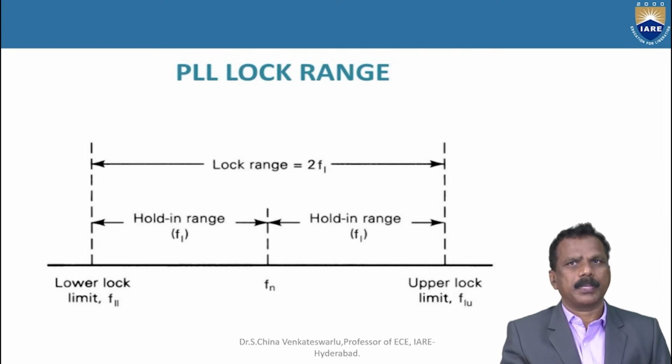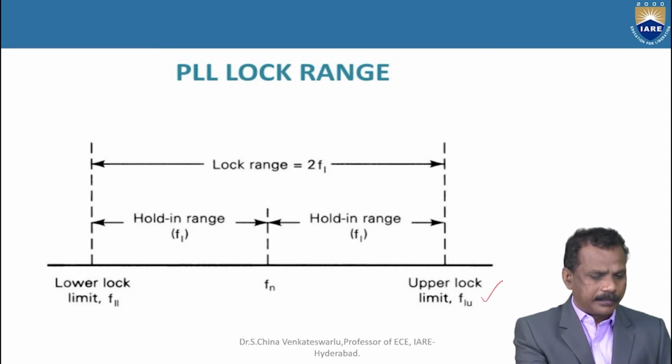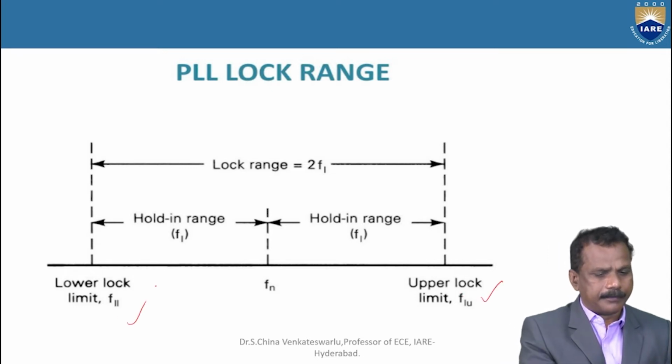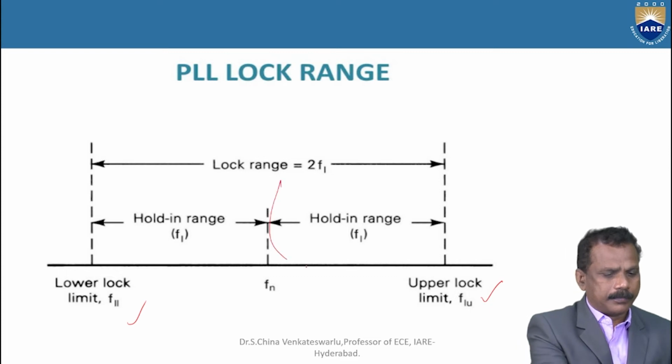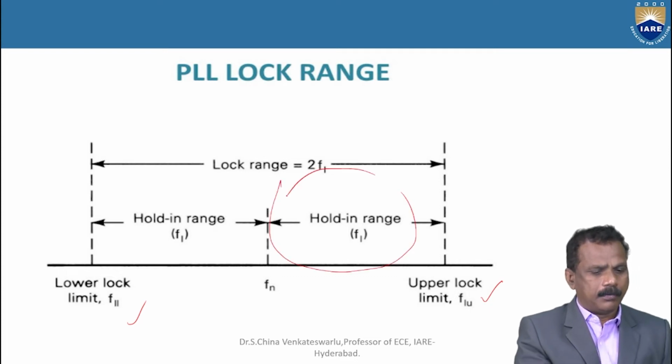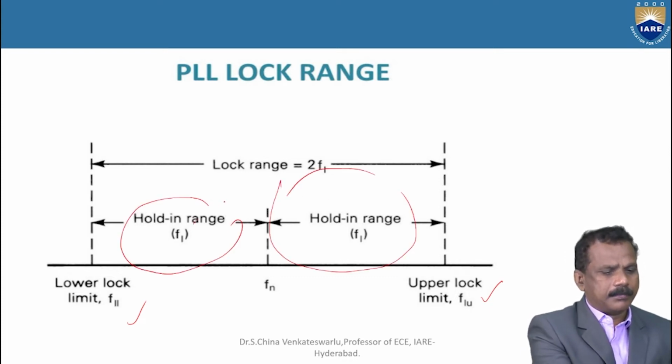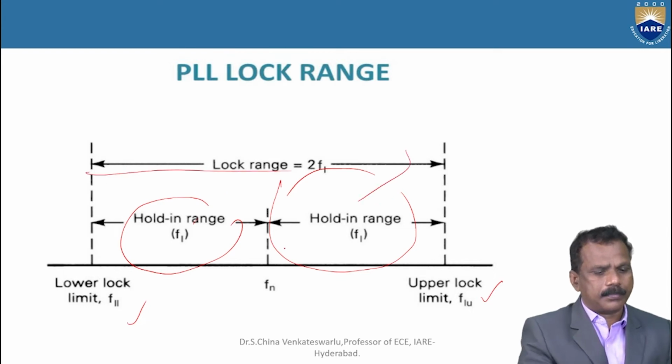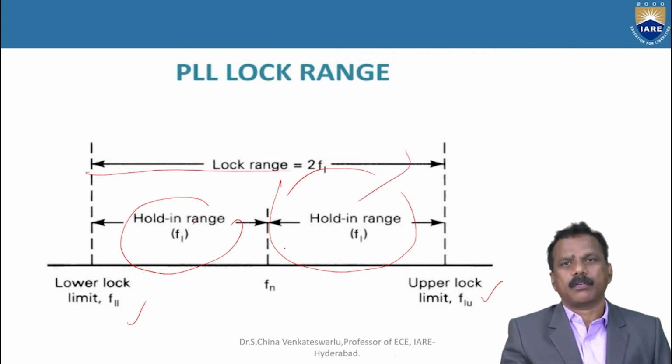So the phase lock loop lock range is observed like this, with the upper lock limit and the lower lock limit. This is the hold-in range, and the whole lock range is equal to 2f1.